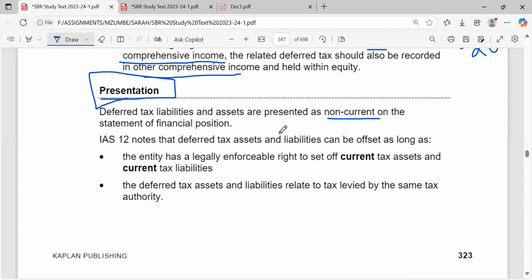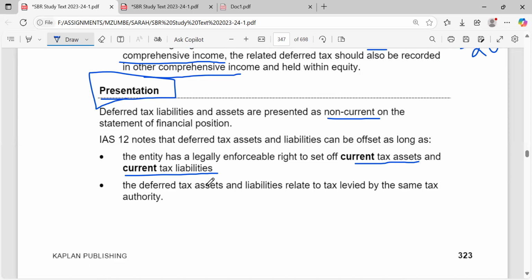They can be offset as long as the entity has a legally enforceable right to set off the current tax assets and the current tax liability. So if the entity is allowed to offset current tax components, then they can also offset the deferred tax what? Components. But also, if the deferred tax assets and liabilities relate to a tax levied by the same tax authority, right? You know, we are just trying to get the point here, right?